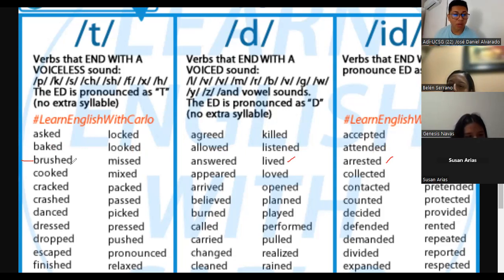Very good. So we have brushed, okay, no pronunciamos la E, missed, very good, pero se escucha un sonido bien fuerte, brushed, porque tenemos que hacerlo saber qué es pasado. Brushed, missed, answered, left, arrested, and planted.